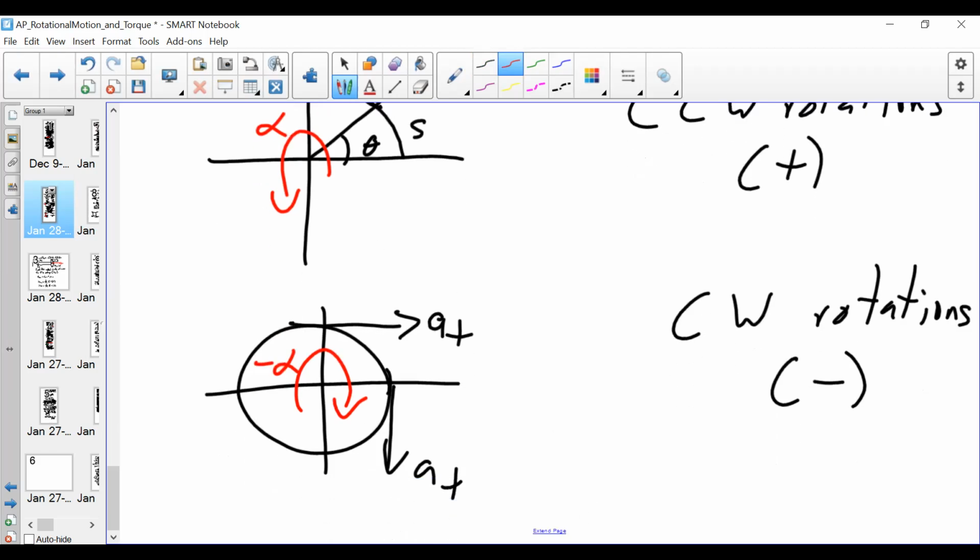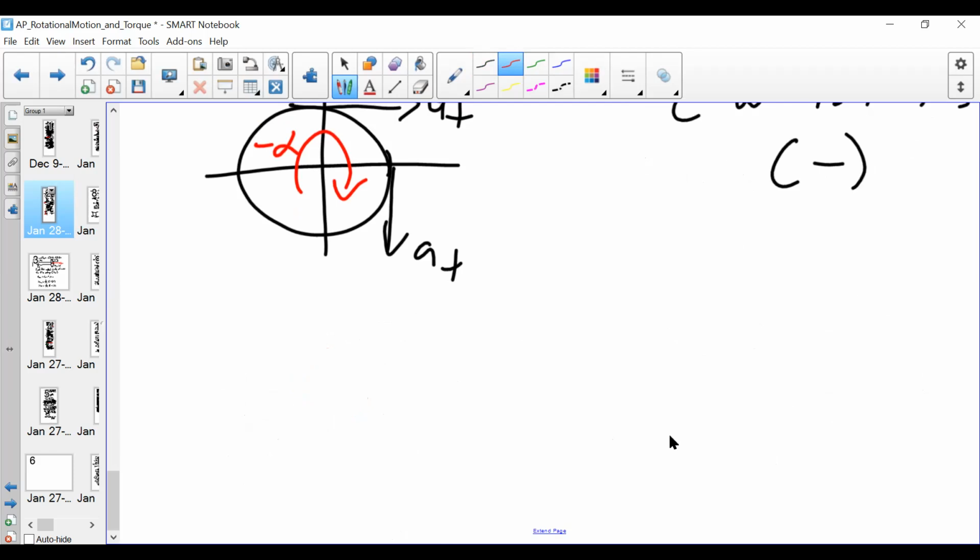Let's move on with this definition of tangential acceleration that we just defined up top, our alpha.